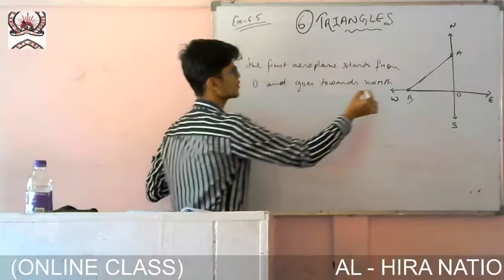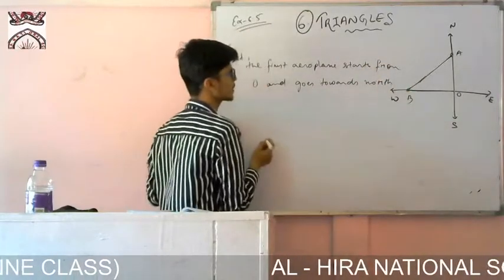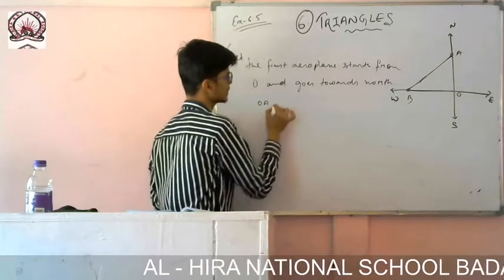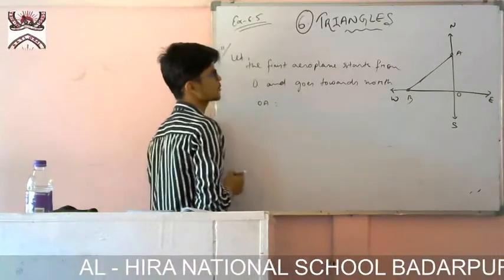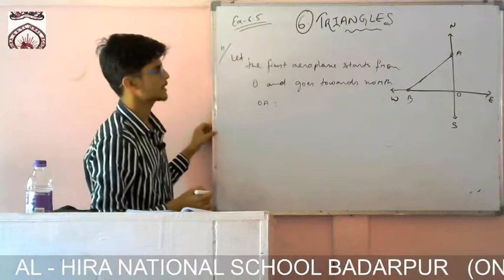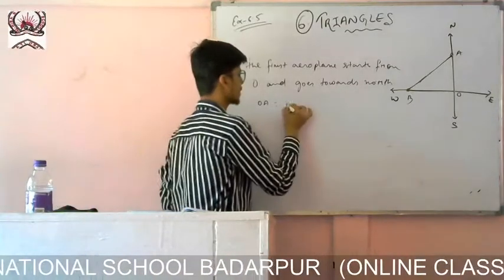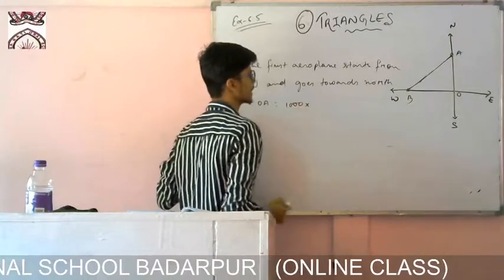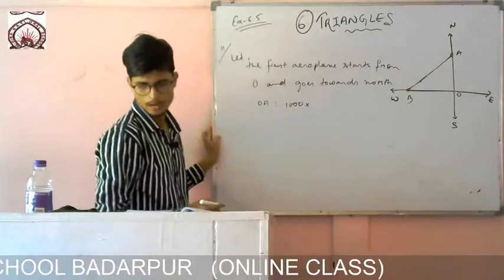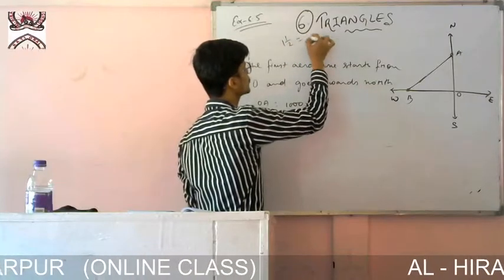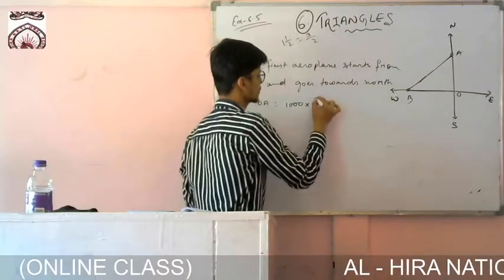So if it goes toward north, that means how much it is traveling? OA. So OA is the distance. So distance equals speed into time. So what is the speed given? It is given 1000 kilometer per hour, and time it is given 1.5 hour. If I convert it, it will be 3 by 2.